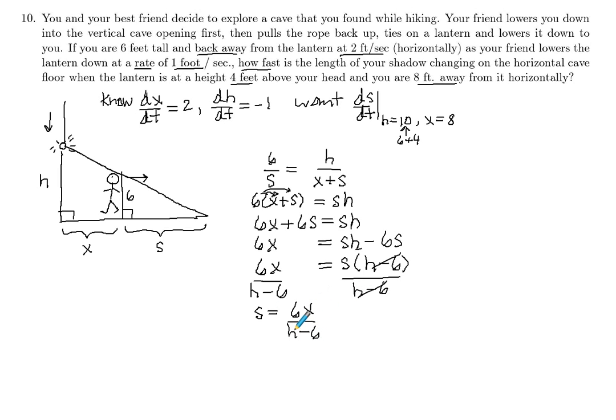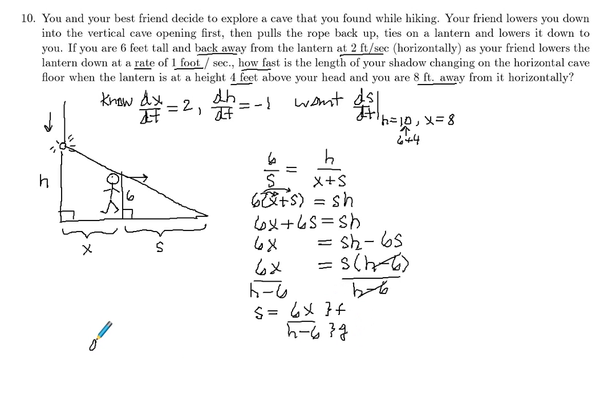Now, x and h are functions of time, and we know the rates of change of x and h. Okay, so what we can do here is we can consider the top as a function f and the bottom as a function g, and we can use the quotient rule.